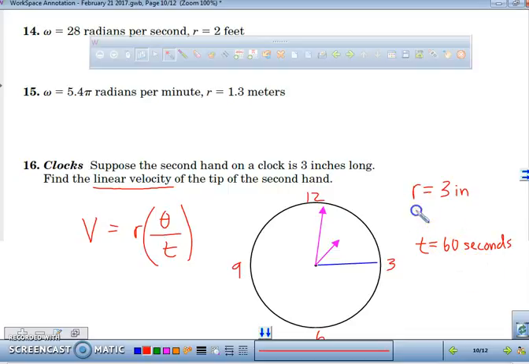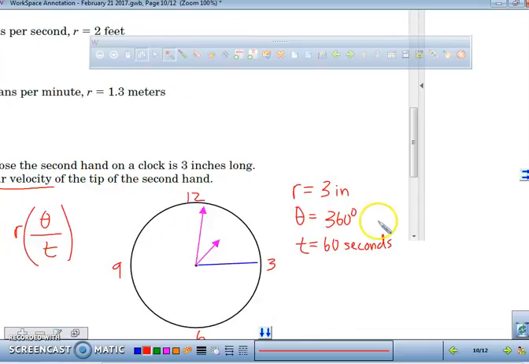Now, the next thing we have to figure out is theta. If I were to go from right here all the way around, how many degrees did I travel? That's right, 360 degrees. But I have to convert that into radians. You know how many radians are in 360 degrees? 2 pi. That's right. So put 2 pi radians.